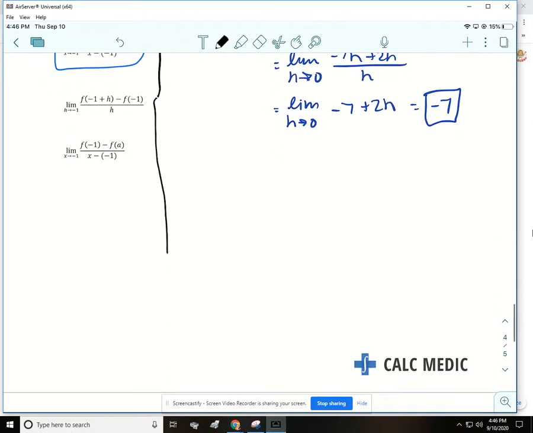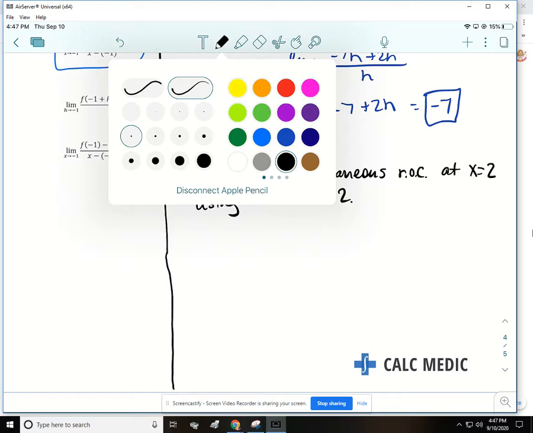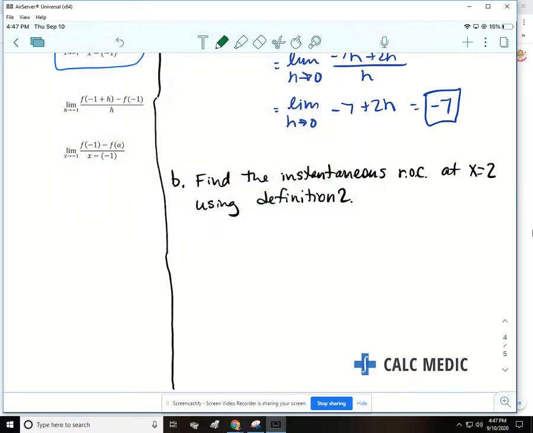Then we're going to do one kind of like that, but we are going to use definition 2. So for B, find the instantaneous rate of change at x equals 2 using definition 2. Definition 2, we're still doing a limit.